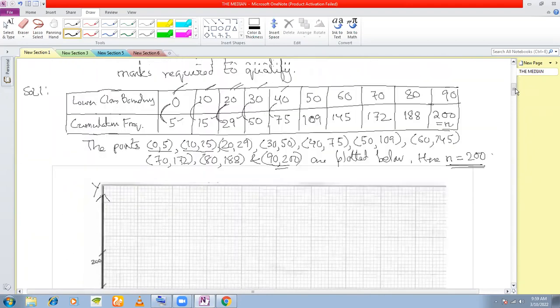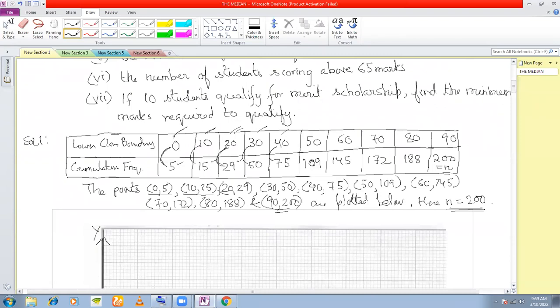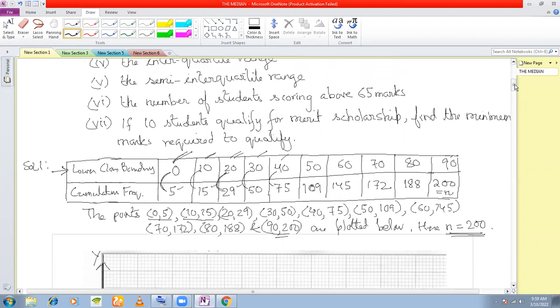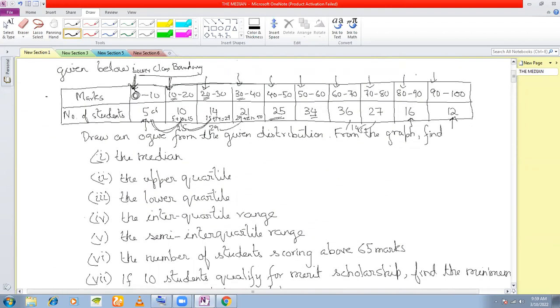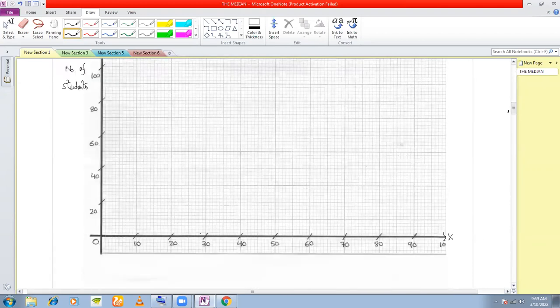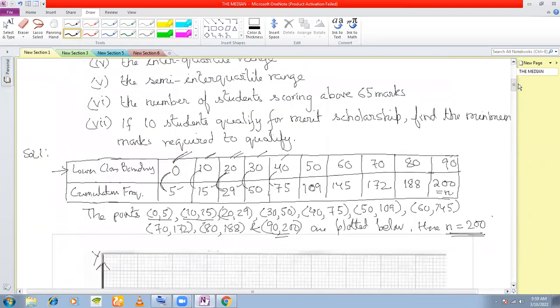And on the x-axis, we are going to plot the lower class boundaries, right? So it starts from 0 and ends at 90. And what is the lower class boundary? This is nothing but the marks, right? So we'll write marks on the x-axis here. Marks. Right? Now, once we have the axes done, we are going to decide on the scale.